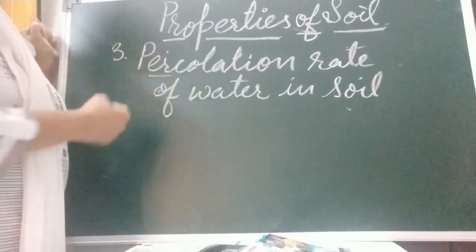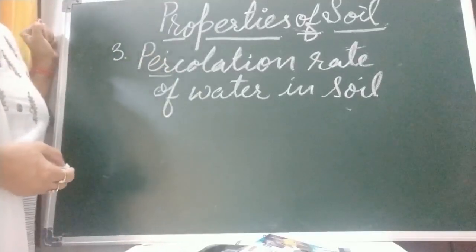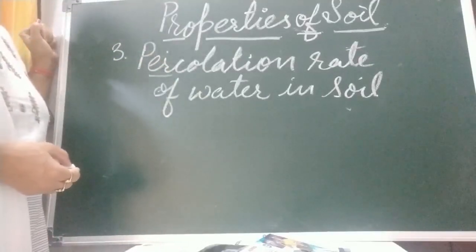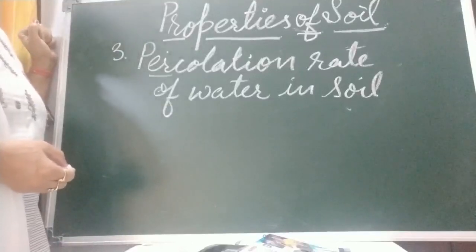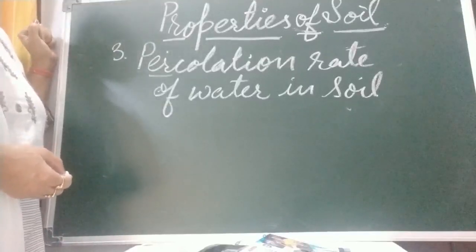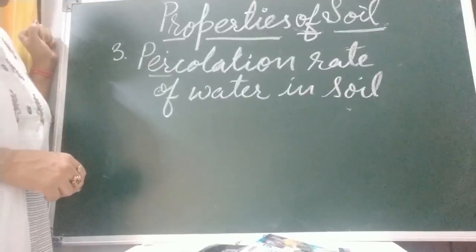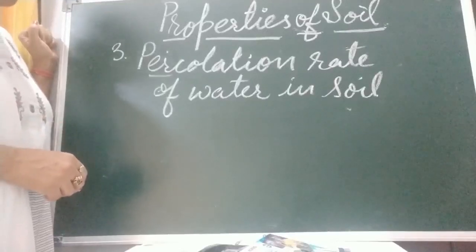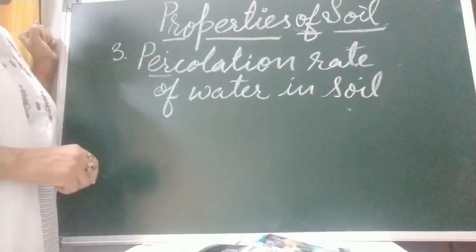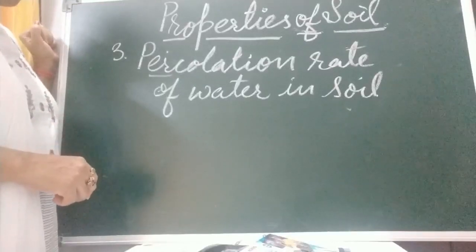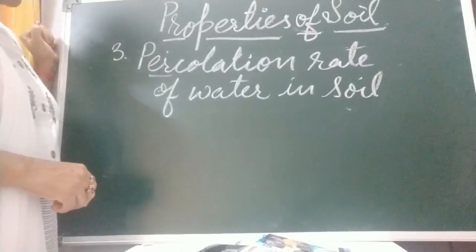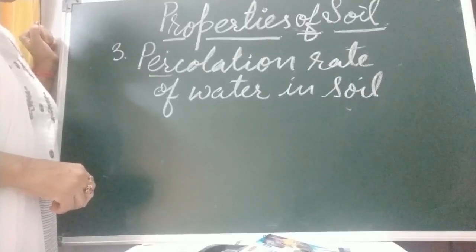In the first property I had shown you that more water comes out from sandy soil and less water exits from the clayey soil. So this is the percolation rate. Different soils have different percolation rates. For proper plant growth, it is important to check the percolation rate of water in soil.